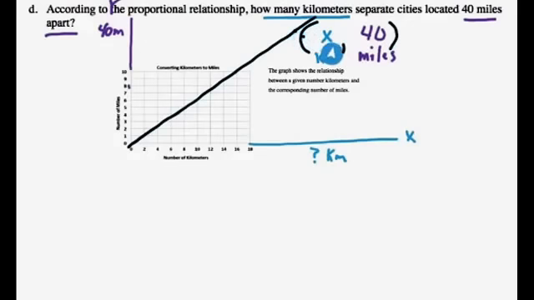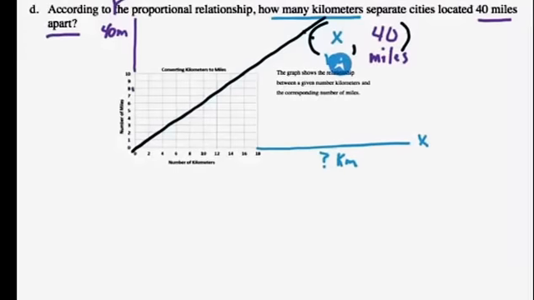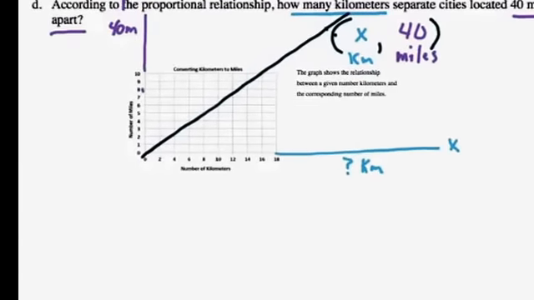If we extend this pattern where y equals 40 miles, and our unknown is x kilometers, we can see that along the x-axis, the number of kilometers is always greater than the corresponding number of miles. So our estimate should have said that our answer for the number of kilometers must be greater than 40.